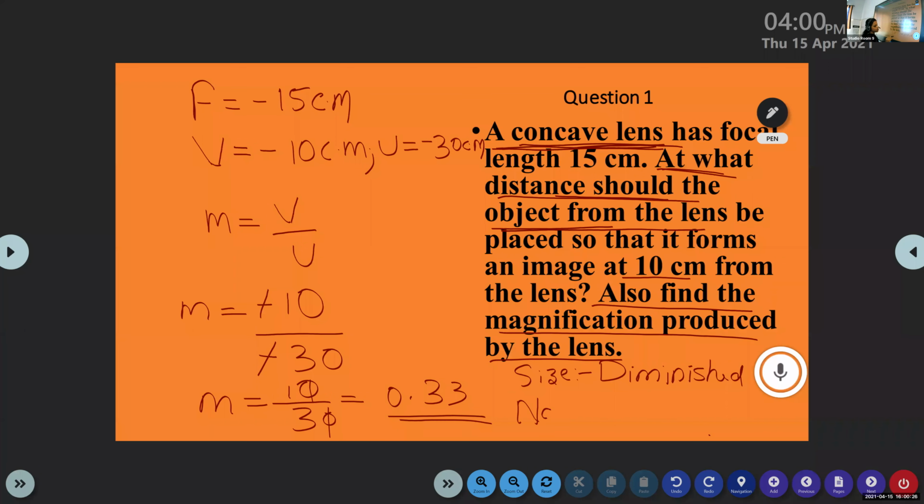And what about the nature of the image? Virtual and erect. Yes, it is virtual and erect, because here the magnification is positive. Clear?